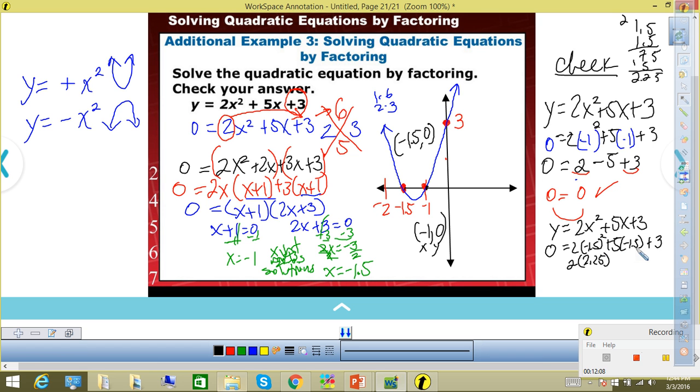This is 5 times negative 1.5, that's negative 7.5, is that correct? Yeah? Plus 3.